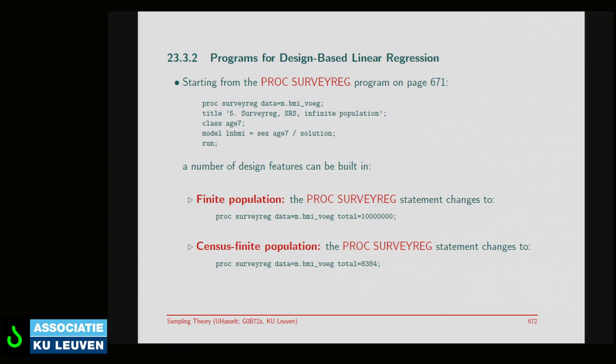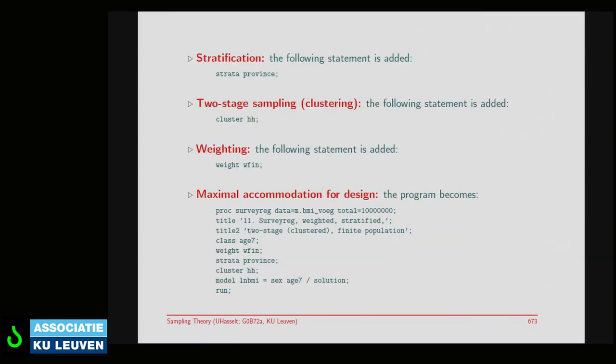If you would do the census finite population as I showed before, you can put the total equal to the sample size, basically saying that the 8,384 people you're using is not a sample coming from Belgium, it's a sample from a mini country that's equal to a population size of 8,384, and you have simply done a census.